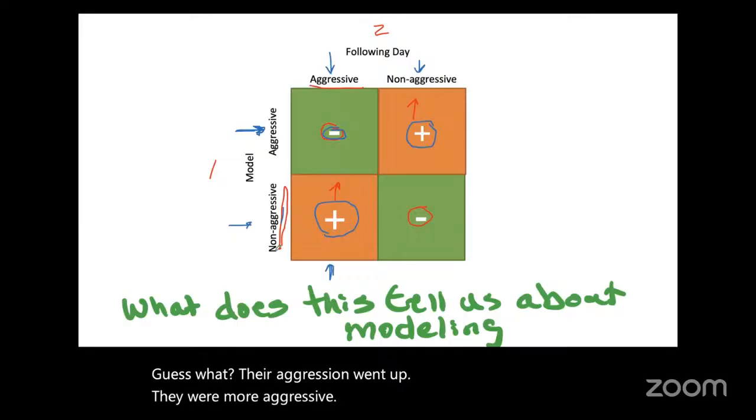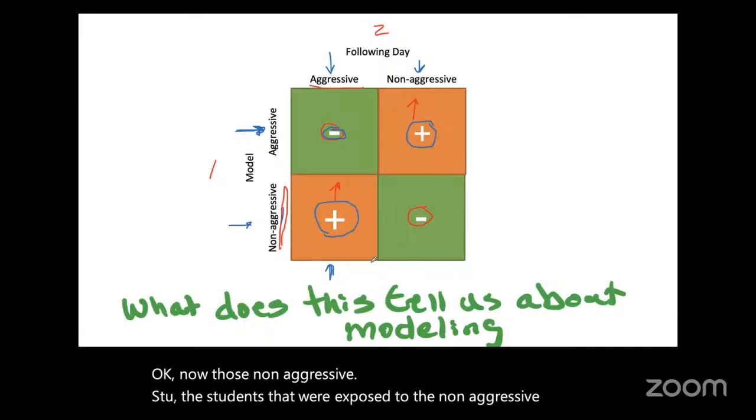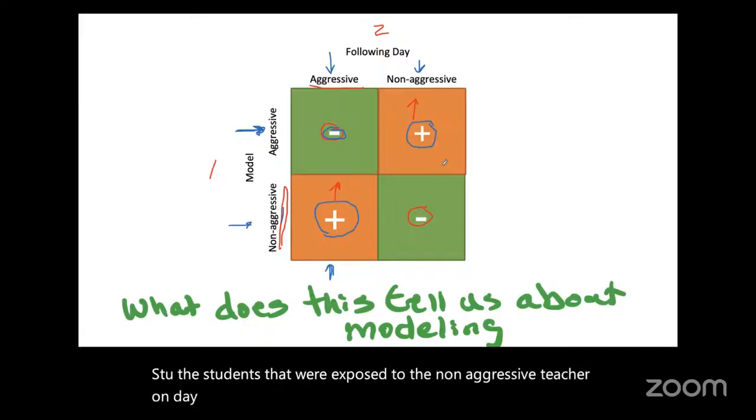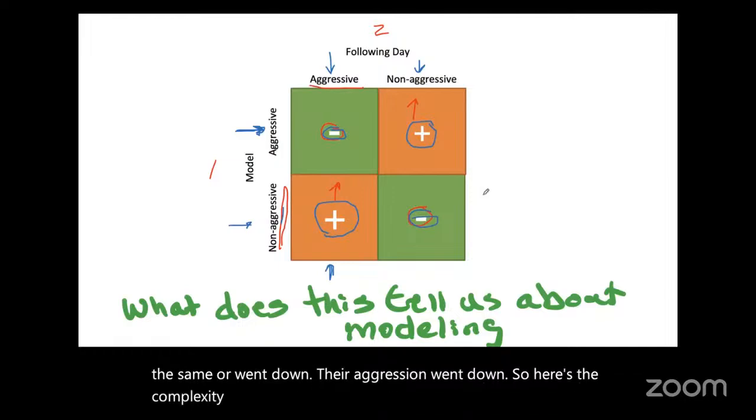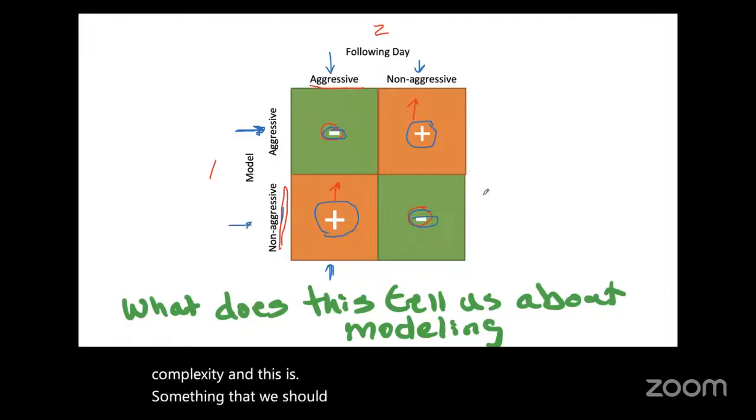Now, the students that were exposed to the non-aggressive teacher on day one and the non-aggressive teacher on day two, theirs stayed the same or went down. Their aggression went down.